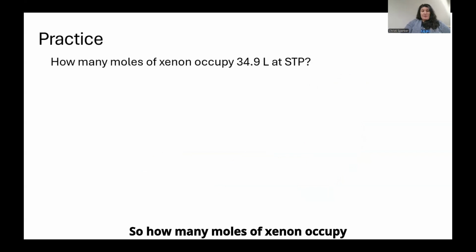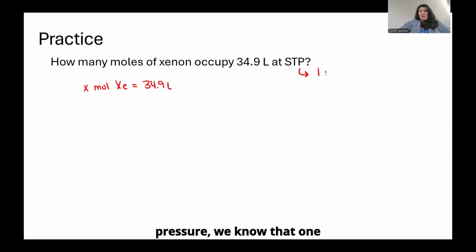So how many moles of xenon occupy 34.9 liters at standard temperature and pressure? We want to know how many moles of xenon are equal to 34.9 liters. At standard temperature and pressure, we know that 1 mole is equal to 22.4 liters.